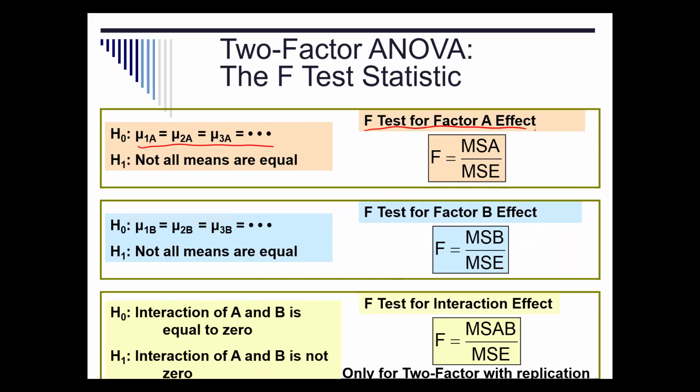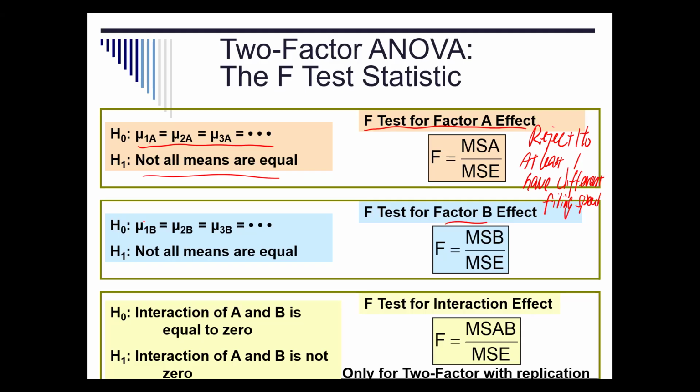Since we reject H0, meaning at least one box has a different filing speed. And as for factor B, very similar.